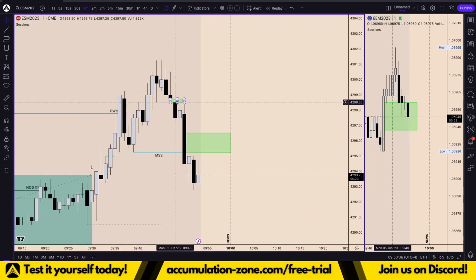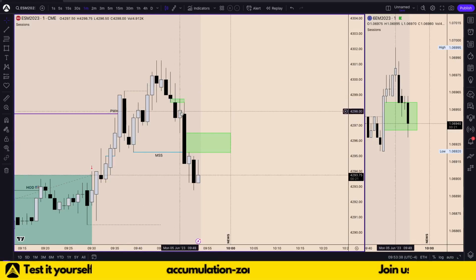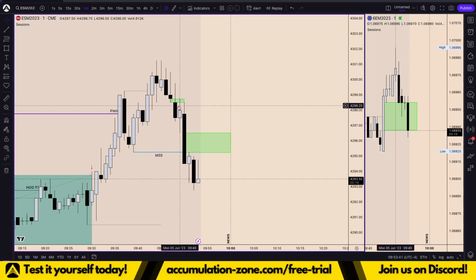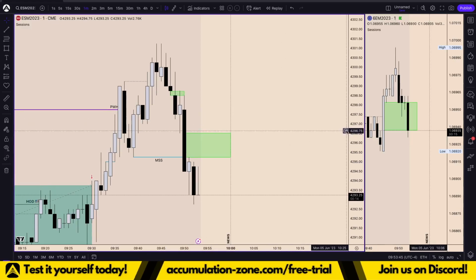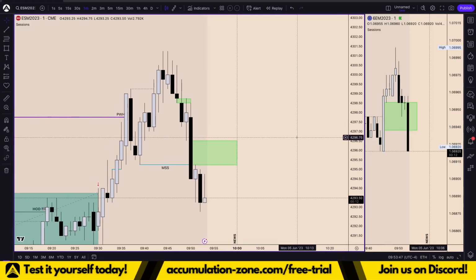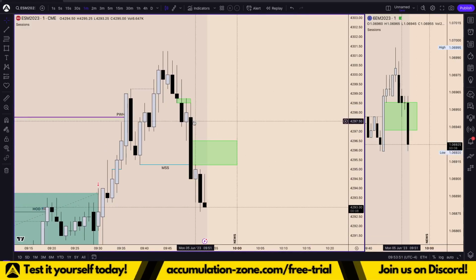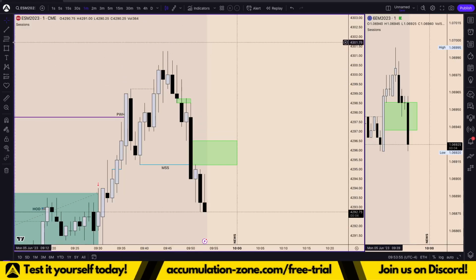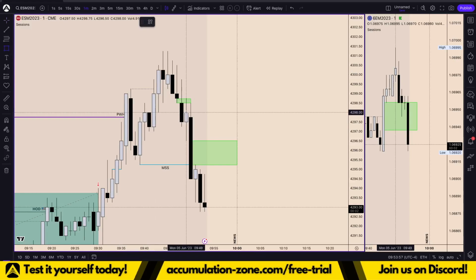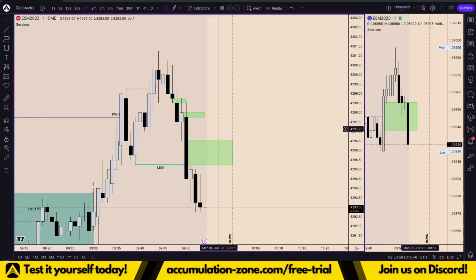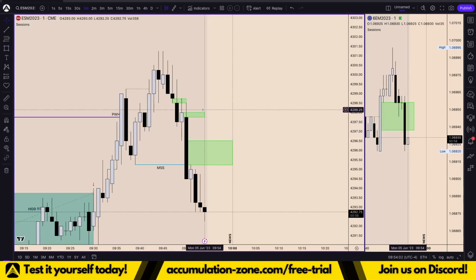The fair value gap right here, this is already balanced. Also this little gap right here, I wouldn't really consider it a gap. It's an opening gap. How would you call it? A reversal gap. We had an up close candle and we opened the new bearish candle below the close of this candle. Of course we could draw it in like this, but I haven't seen anyone do that so far.